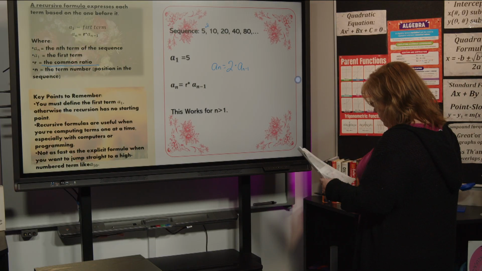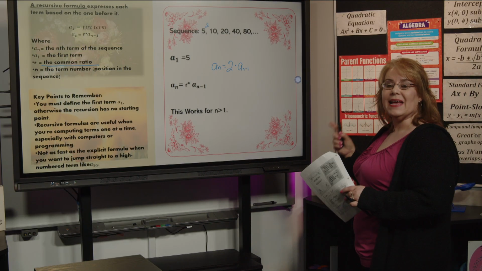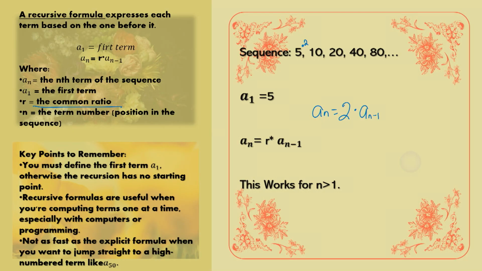Let's see if we can find what comes next after 80 just by using this. I'll write it up here in a different color. This is the first, the second, the third, the fourth, the fifth. I'm looking for my 6th term.